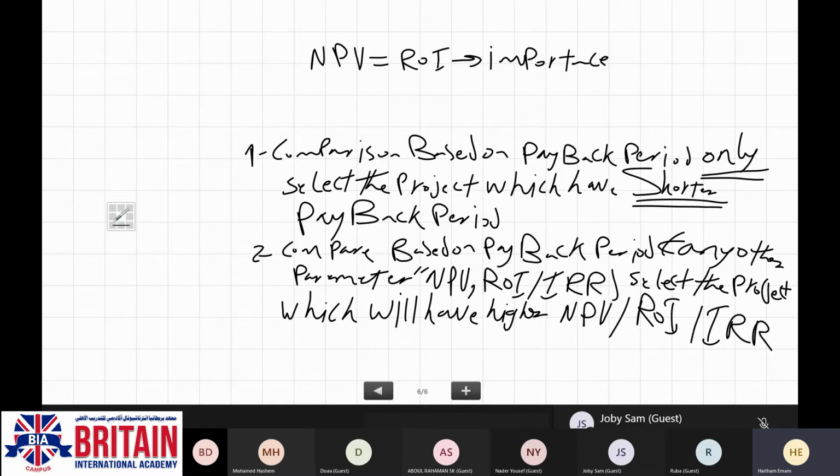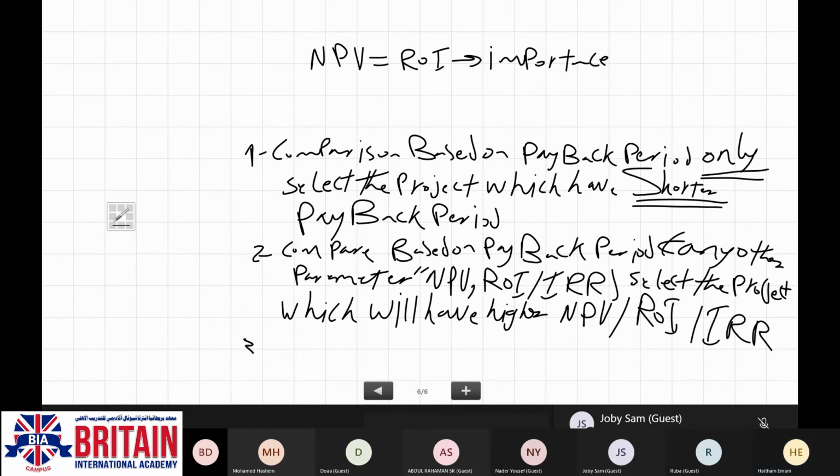You are going to compare here between two parameters, the payback period and one of these parameters, maybe NBV or ROI or IRR. You are going to select the one which has higher IRR or higher ROI or higher NBV.